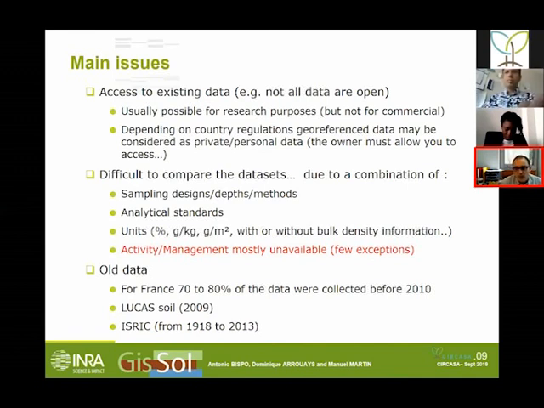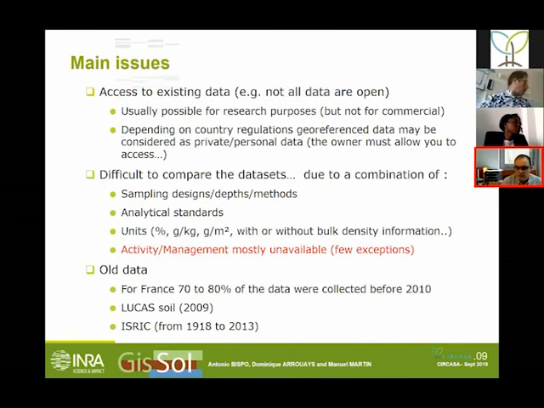And as I already told you, we also have old data. For France, more or less 70 to 80% of the data were collected before 2010. So you can imagine that the carbon in your database is maybe very different from the carbon actually in the field. For LUCAS soil, the data available is for the year 2009.